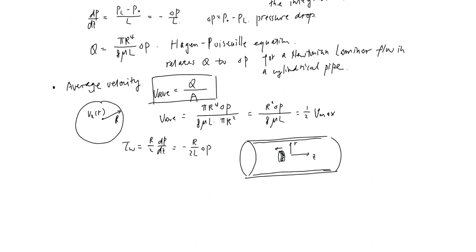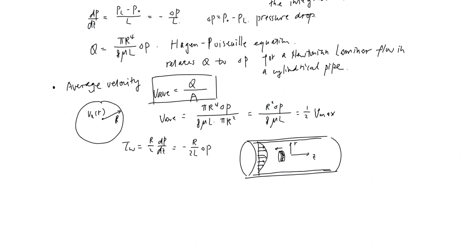And when getting closer to the center, the velocity increases. So the fluid layer close to the wall tends to move slower than the fluid at the center. Then it tends to hold back, providing a viscous drag to the fluid close to the center. And that's why the shear stress is along the negative direction, or is negative.